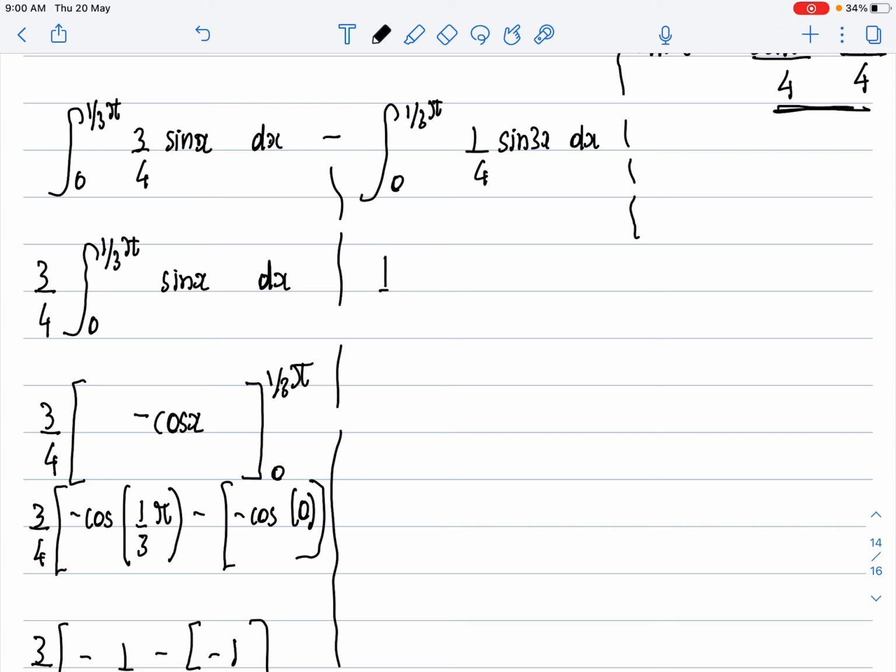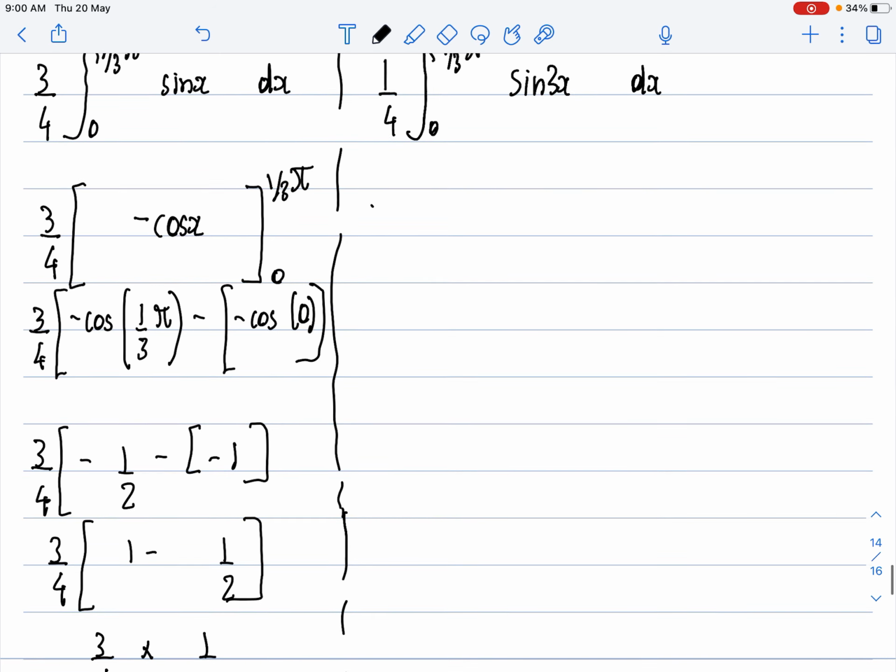I can write this as 1 over 4 with the integration from 0 to 1 over 3 pi of sine 3x dx. Integration of sine is simply minus cos 3x over the coefficient of x, which is 3, with the limits 0 and 1 over 3 pi. So in the place of x, first I can put 1 over 3 pi.